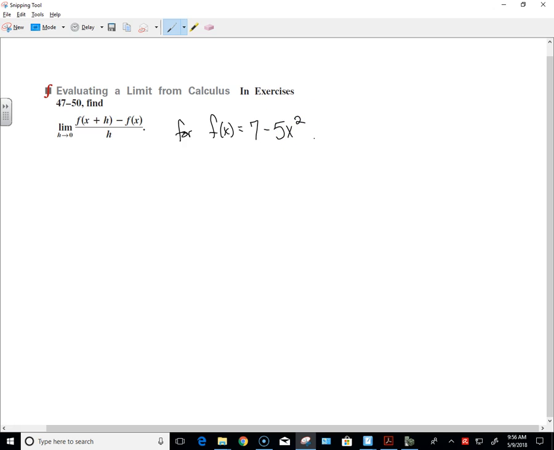Just in case you know a shortcut, don't do it. Do the difference quotient. If you don't know what I mean by shortcut, you have nothing to worry about. Do like we do in class.